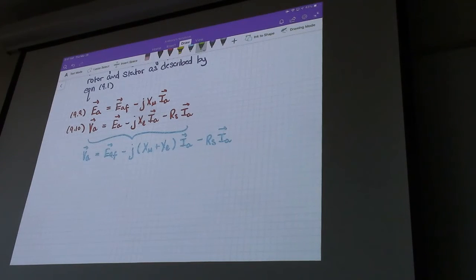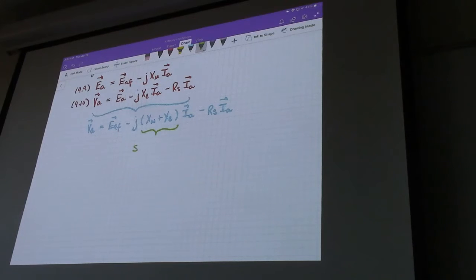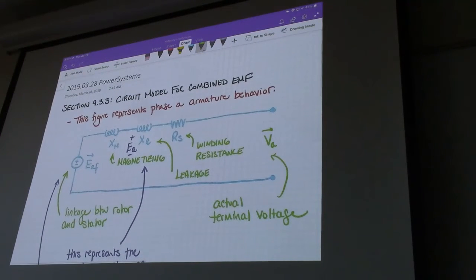The reason why this equation is important is because it defines a value that we're going to use over and over again called the synchronous reactance, represented as XS. So what we're going to do is combine those two together into a single value when appropriate.